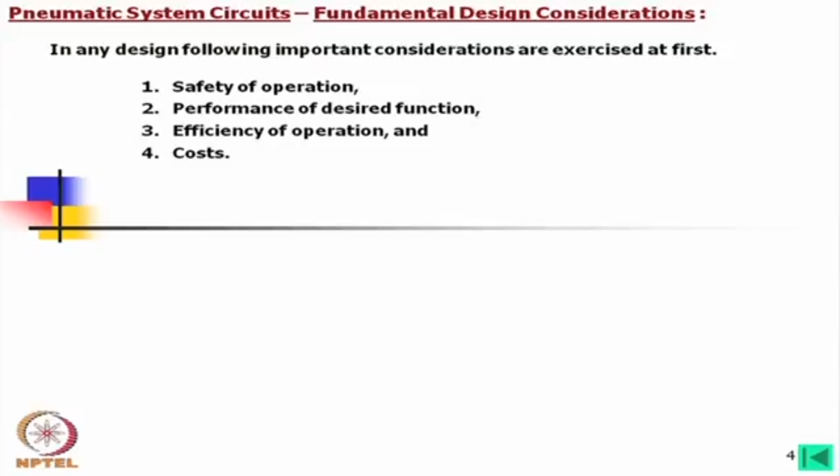Now, performance of the desired function is very important. Whatever function we need, even if it is not very precise, we still need to design in such a way that we can achieve the best performance out of it. Efficiency of operation can sometimes be compensated, meaning we may not make the system very efficient.